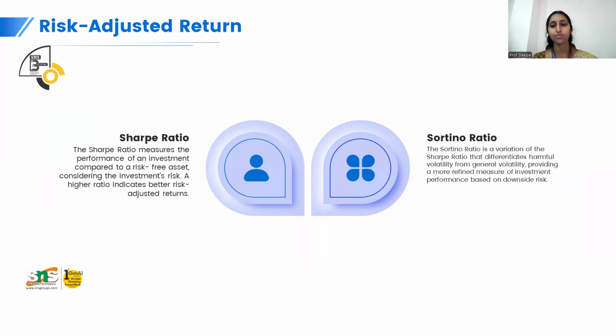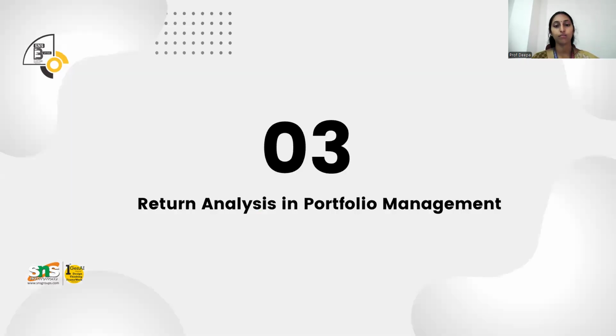The Sortino ratio is a variation of the Sharpe ratio that differentiates the harmful volatility of the investment. These are the two major ratios.